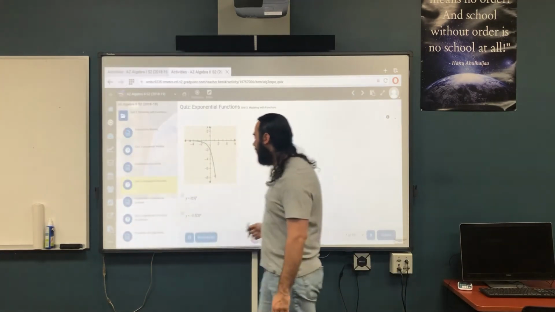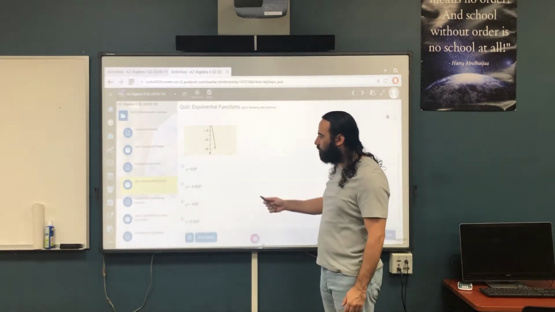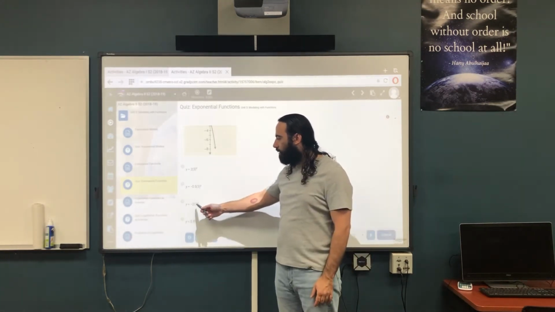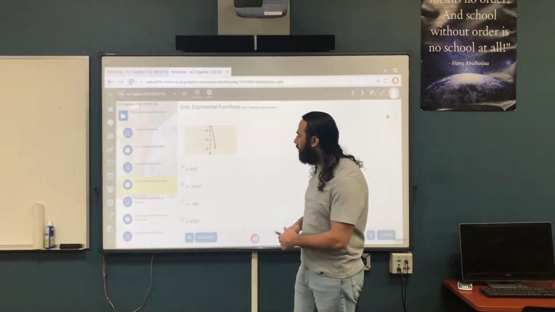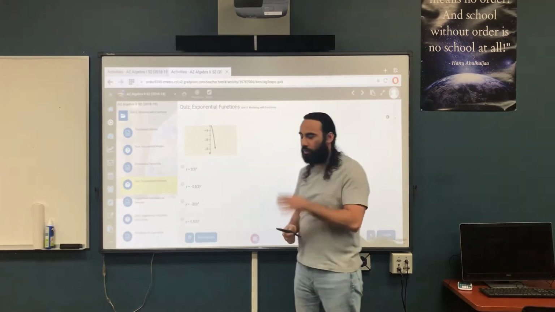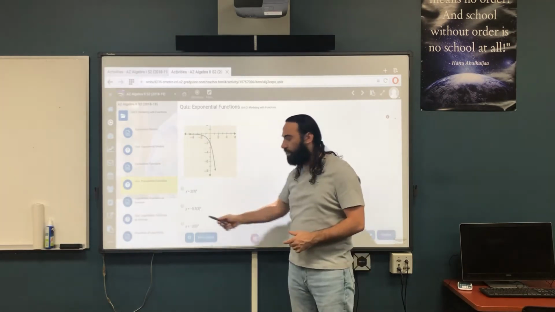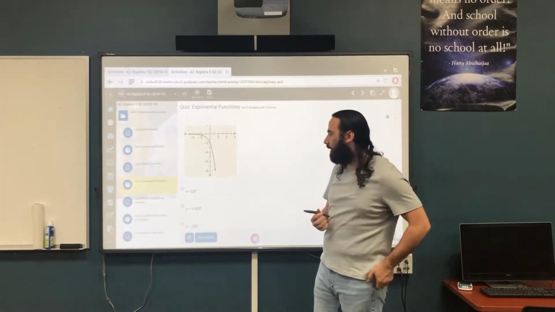So if we go down now, we have only two choices that are negative. It's the second one and the third one. Now we need to know which one is the correct one. To know this, we need to find a point and see which one of these gives us the correct y value.